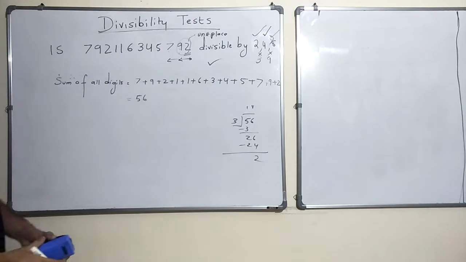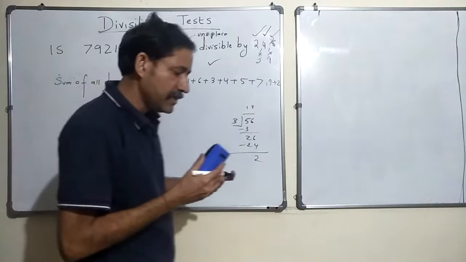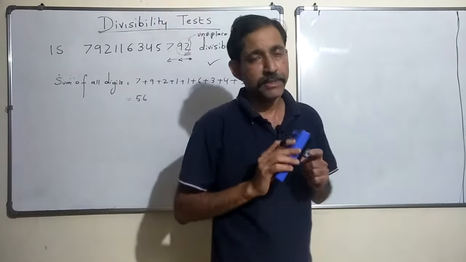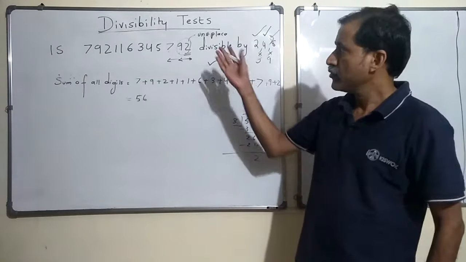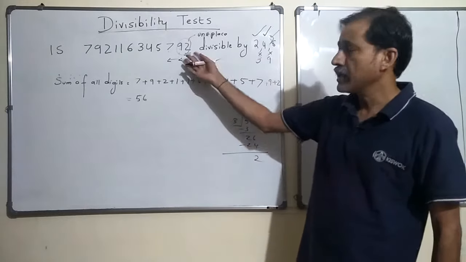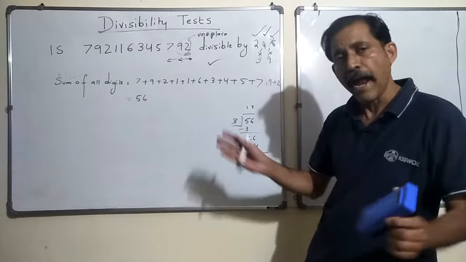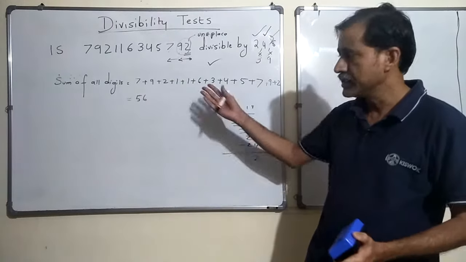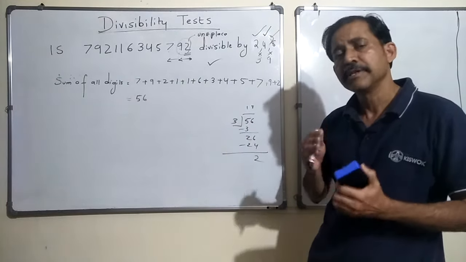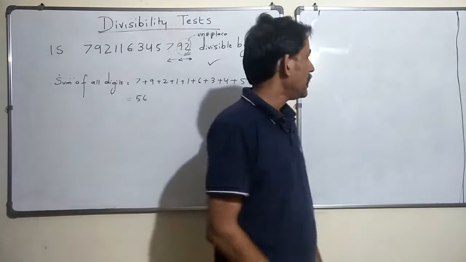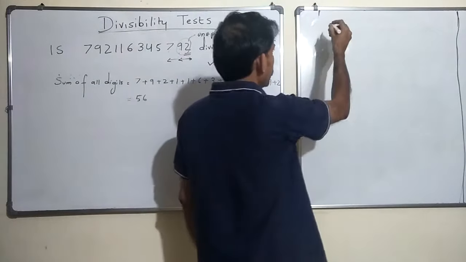Now how did we get this divisibility test is what you would ask me. For 2, 4 and 8 we are looking at a few digits, and for 3 and 9 we are adding all the digits to identify. What is the logic behind this? So let's take a 3-digit number like we have been taking.